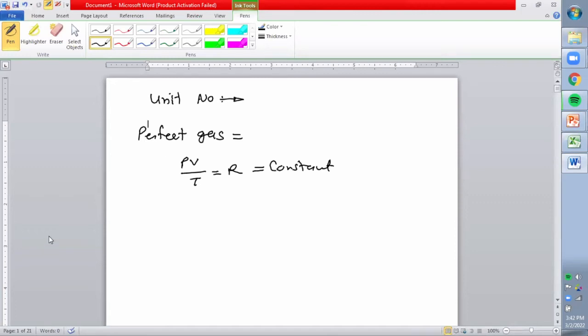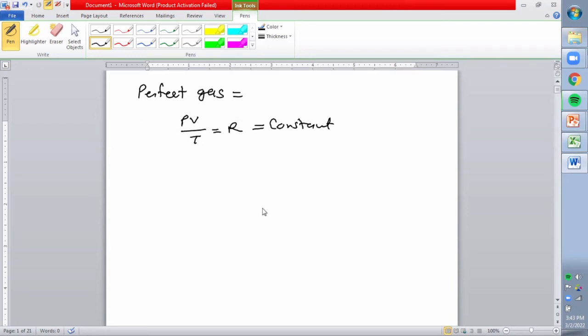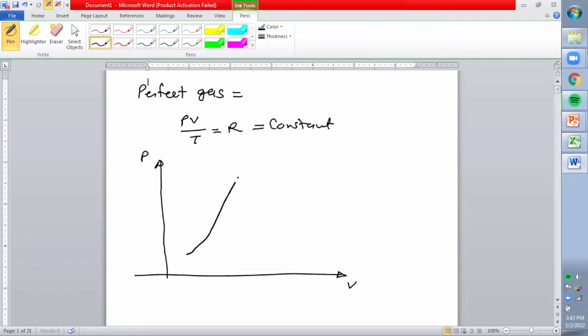This tells us why we choose the ratio PV by T. At temperatures comfortably in excess of the critical temperature of a fluid, and also at very low pressure, the vapor of a fluid tends to obey this relation, PV by T. If we talk about the critical temperature on the diagram, suppose water gets converted directly into steam.